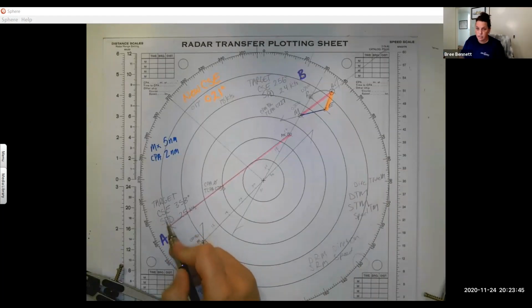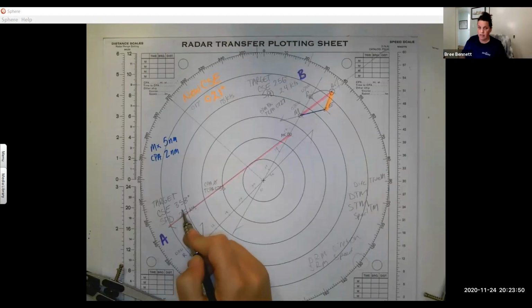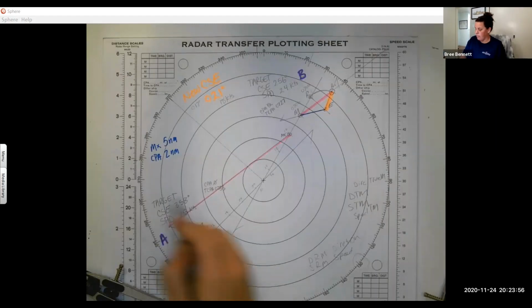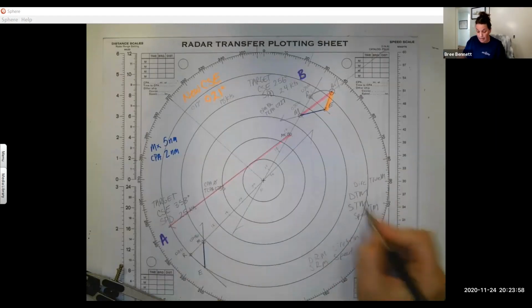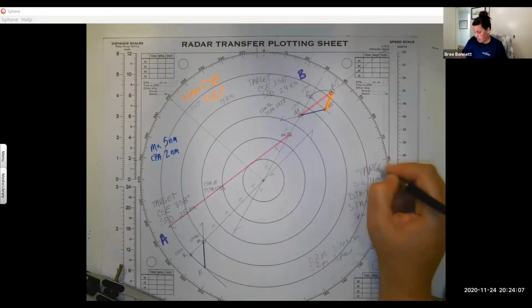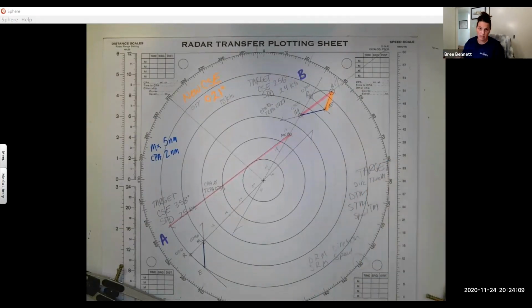What is the target's true motion? Their course is 358. What is the target's true motion speed? 25 knots. So when you look at the answers, DTM or STM, that's what the target information is. What is the true motion of that target?